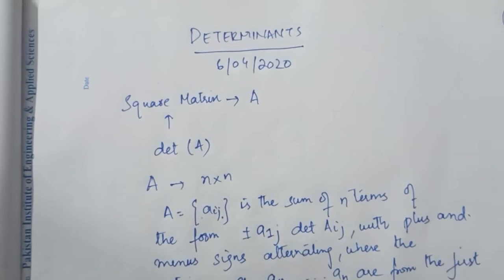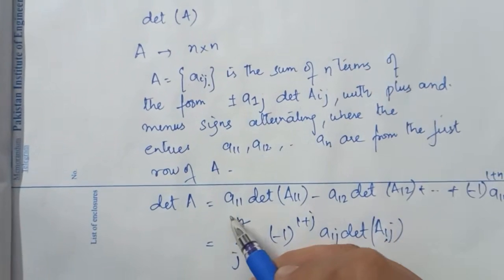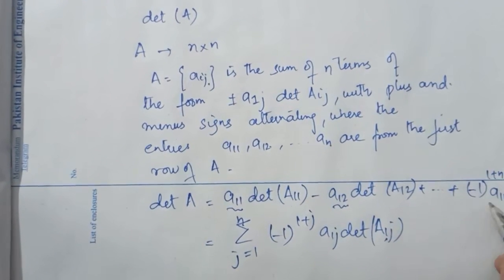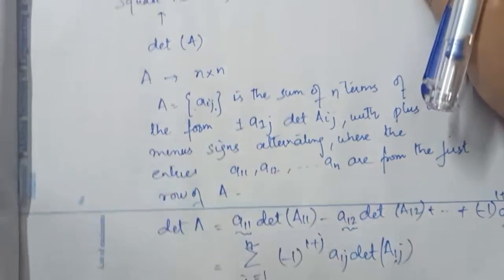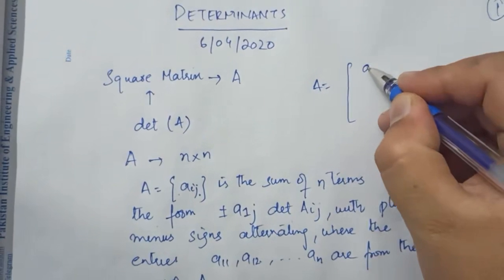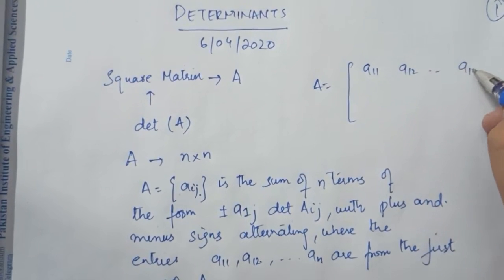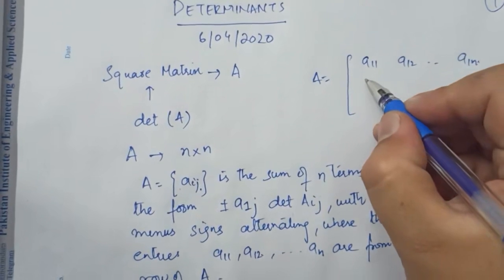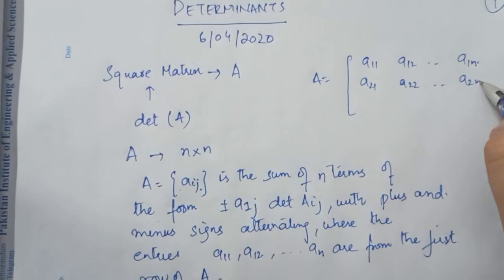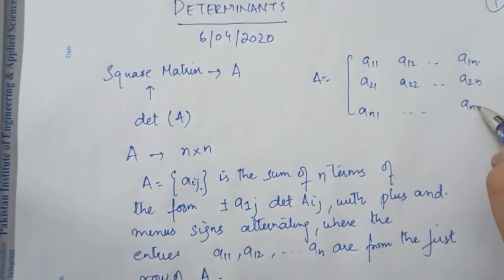Here these small a's are the elements of the matrix A, which is A11, A12 to A1n, then A21, A22 up to A2n, and so on to ANN.